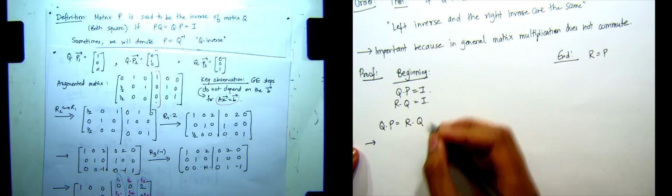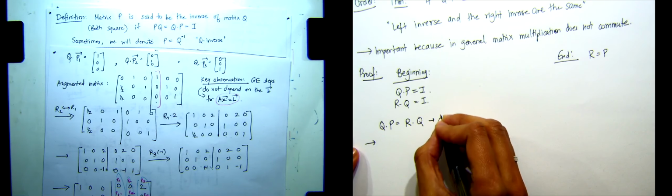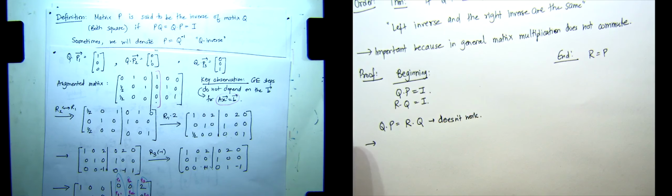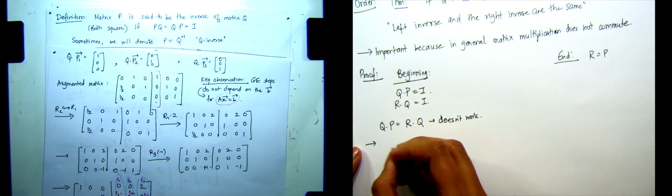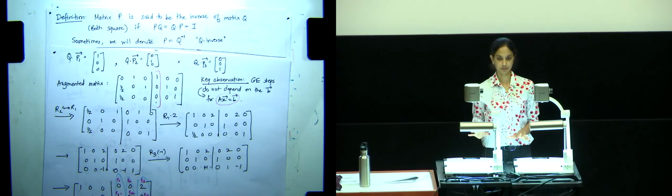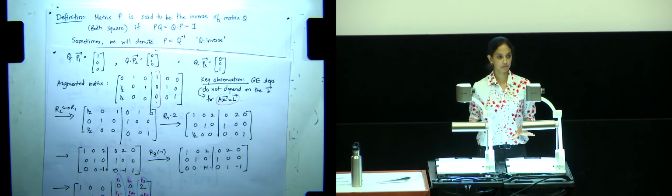We can say, well, I have, let's say, Q times P equal to identity, and I want to somehow get R involved, right?